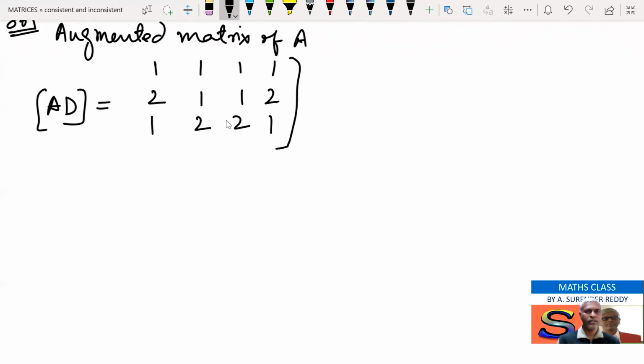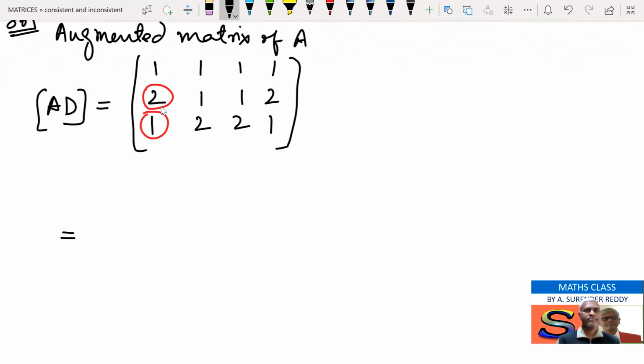So this is the augmented matrix. So we need to convert first these 2 into zeros.